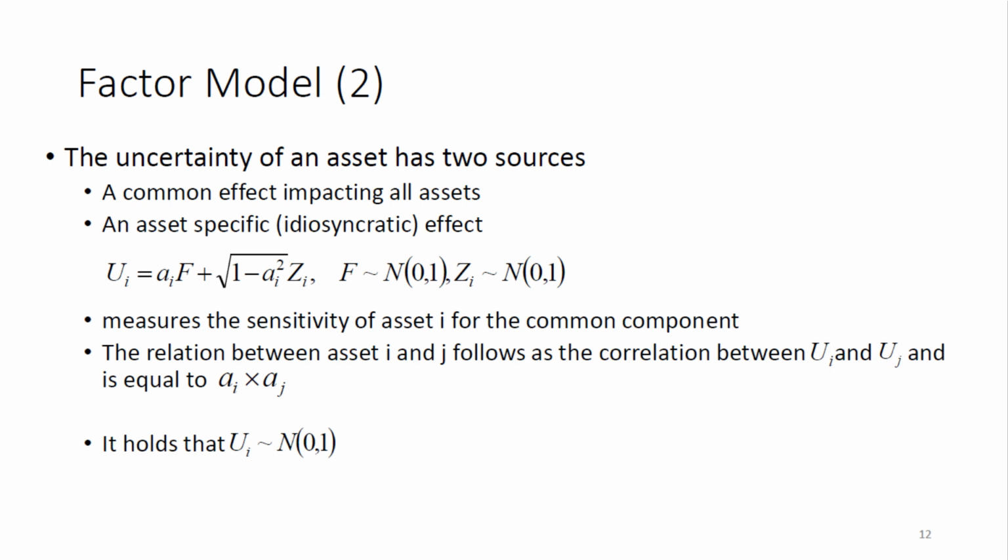Given that the variables all have mean 0 and standard deviation 1, it easily follows that this correlation is simply the product of the two sensitivities for the factor: AI times AJ, where AI is the sensitivity to the common factor for asset I, and AJ is the sensitivity to the common factor for asset J. So everything is standard normal, including the total uncertainty effect.